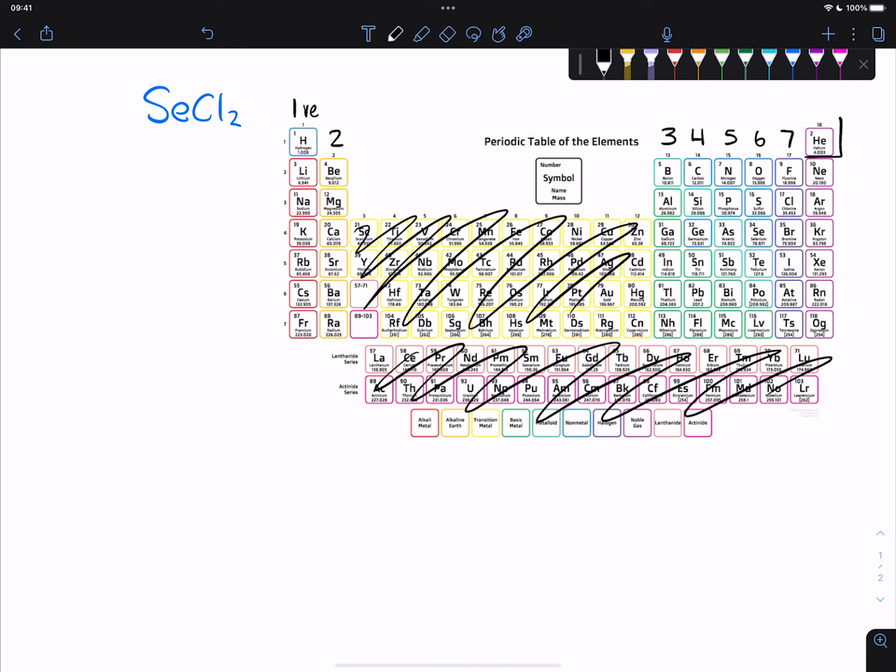Helium only has 2, but everybody below helium has 8. Helium's tiny, so it can only hold 2 electrons in its outer shell, but all the others below it can hold 8. So that's the first thing, is simply being able to count the columns, the tall columns, the main group elements, and determining how many valence electrons it has.